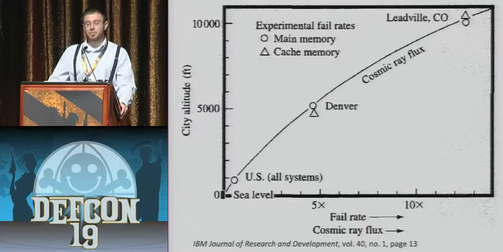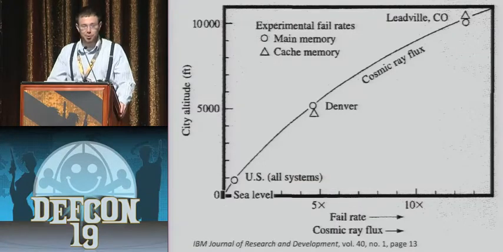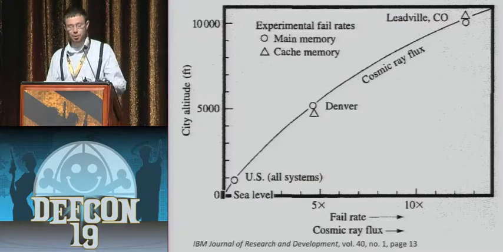This is a graph taken directly from the IBM Journal of Research and Development, volume 40, number 1, page 13, for those who are interested. And what it's plotting here is altitude versus cosmic ray flux, which go hand in hand, as the higher up you go, the more cosmic rays there are, since there is less atmosphere.